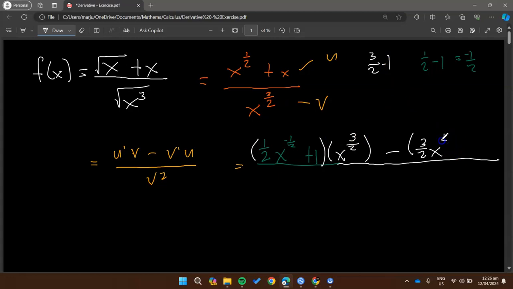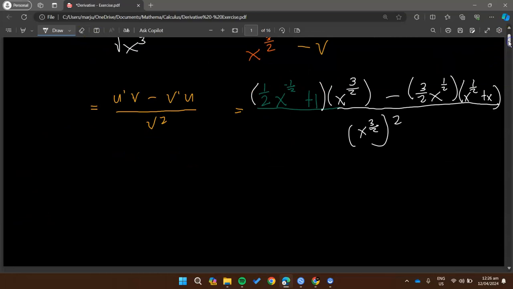This is x raised to 1/2. And again, multiply this by our u, which is x raised to 1/2 plus x. And then again, we have x raised to 3/2, squared.